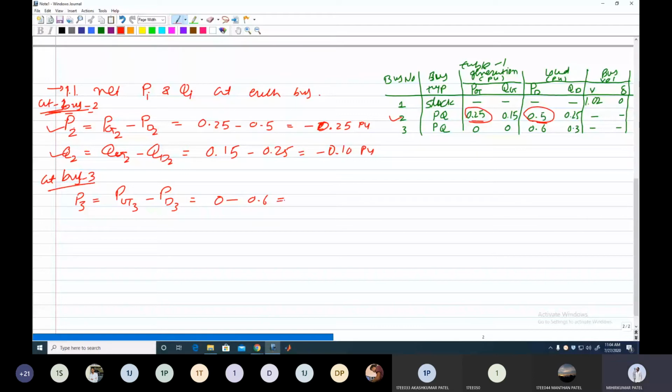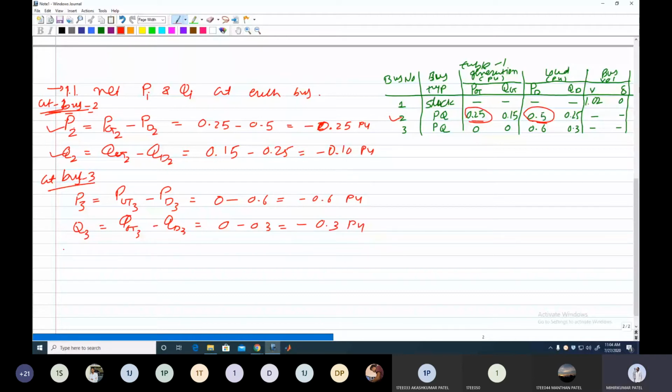Same way, net reactive power, QG3 minus QD3, which is 0 minus 0.3, which is minus 0.3 per unit. Clear? So this is how we calculate the net active and reactive power at each bus.